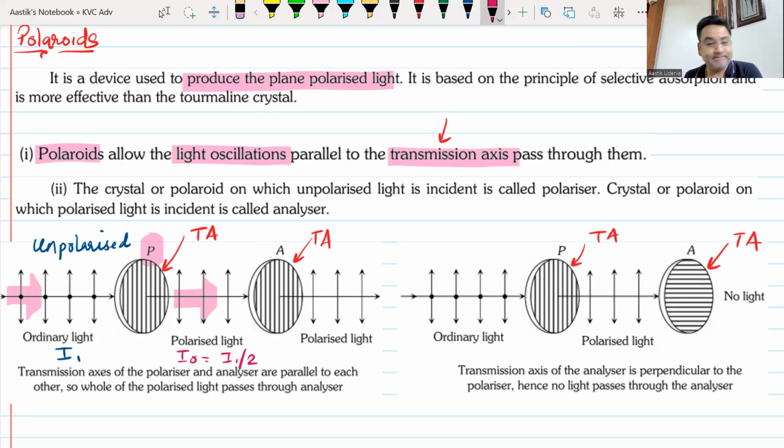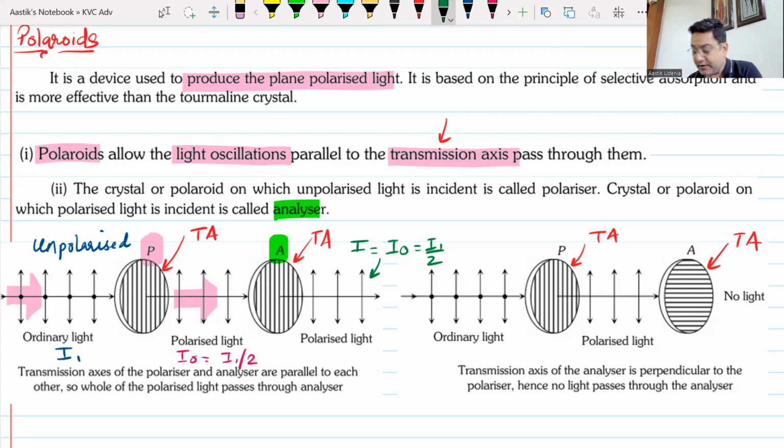Yes, sir. Now, sometimes we put a second Polaroid on which the polarized light falls. This Polaroid is known as an analyzer. Do you understand the analyzer? Yes. If the axes of the polarizer and analyzer are parallel, it will allow all the light to pass through. So the intensity after the analyzer will be equal to I naught, which is equal to I1 by 2. Do we see this?